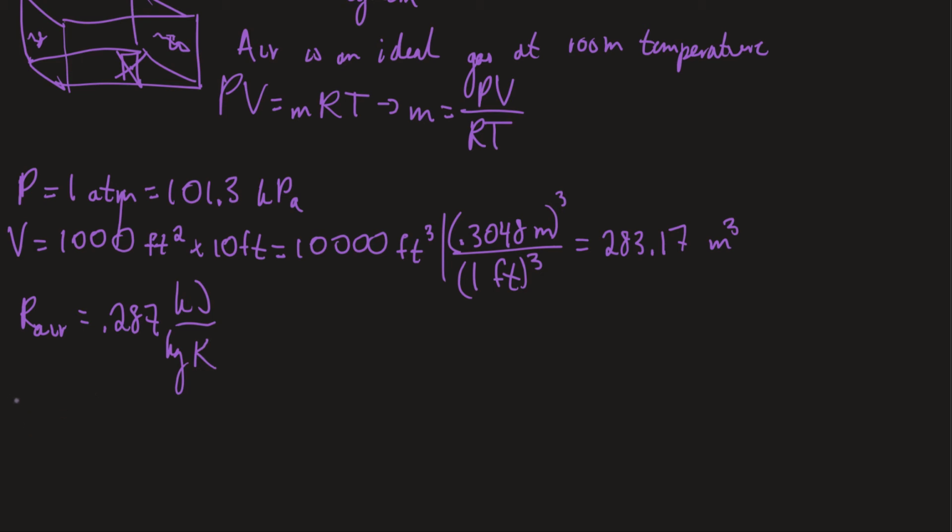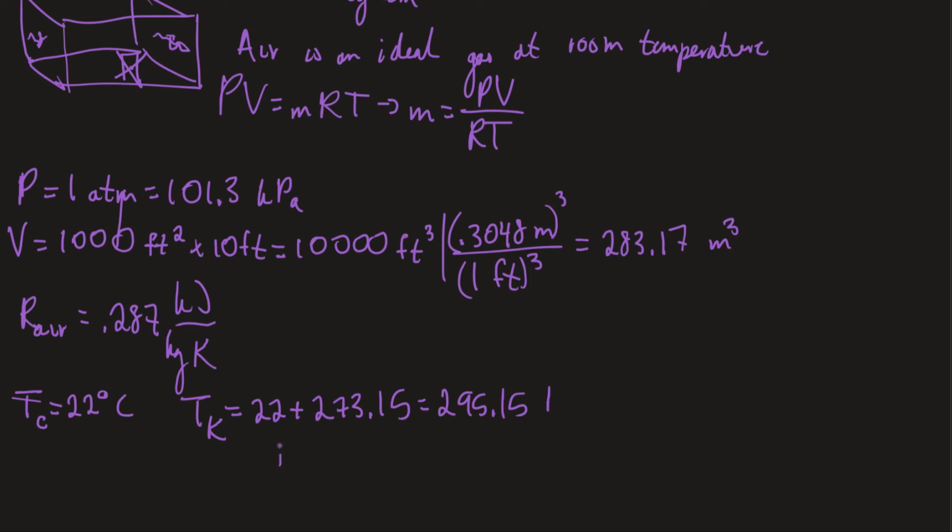And for temperature, we know that the temperature in Celsius for regular room temperature is around 22 degrees Celsius, and the temperature in Kelvin is just going to be that 22 plus 273.15, so we'll get 295.15 Kelvin.